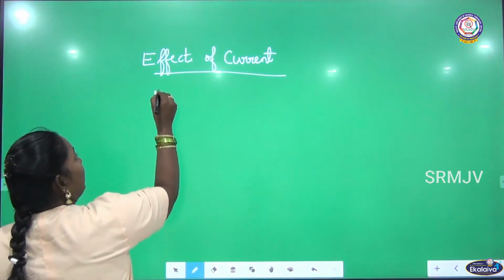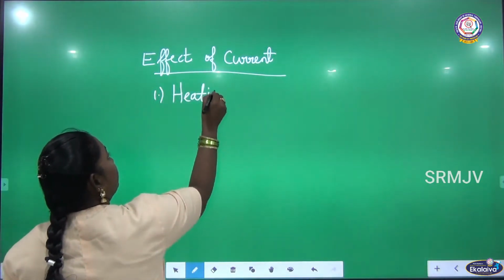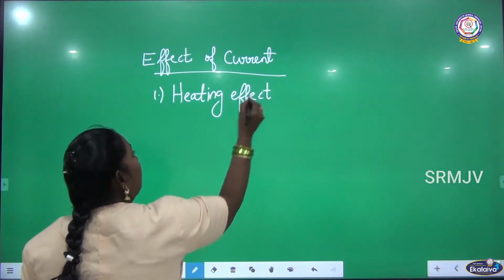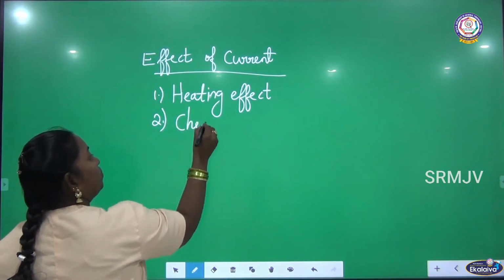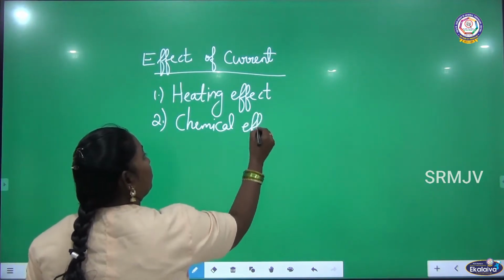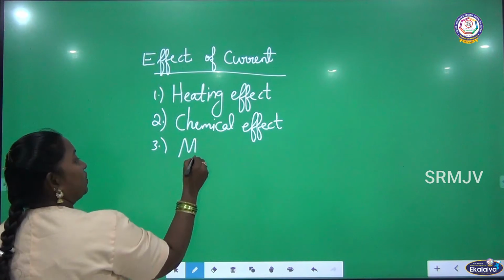Number one is heating effect. Number two, chemical effect. Number three, magnetic effect.